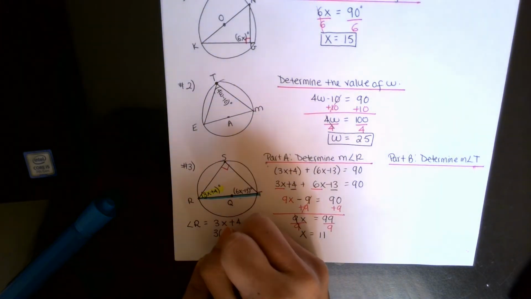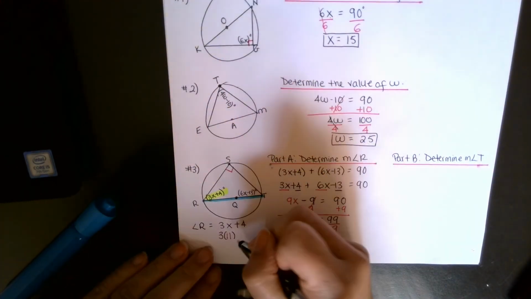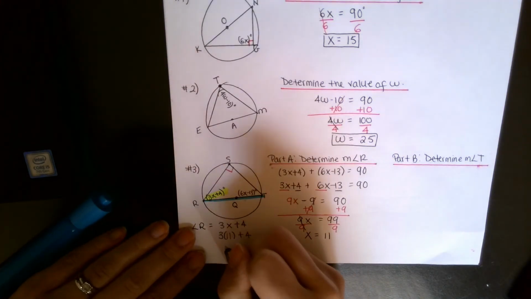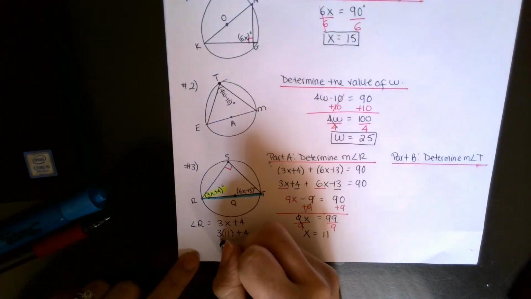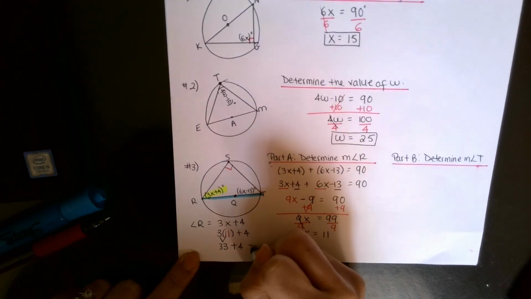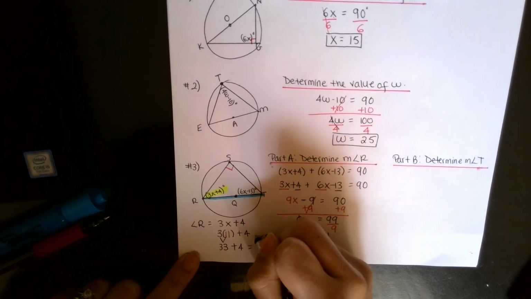So I have 3 times 11 plus 4. That's going to help me find angle R. So I have order of operations, PEMDAS, we're going to multiply first. So I have 33 plus 4. So that means it's going to equal 37 degrees. That's the angle R.